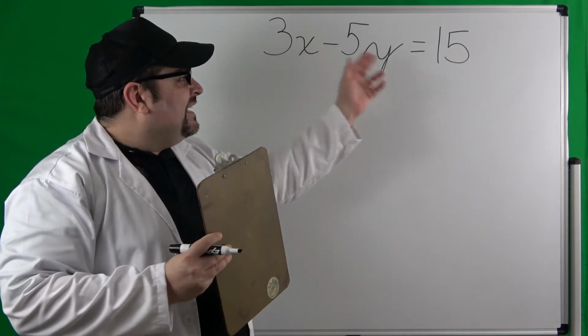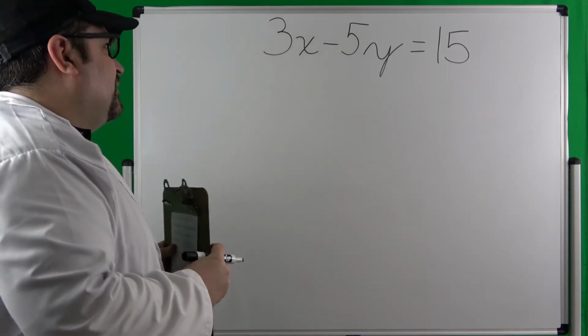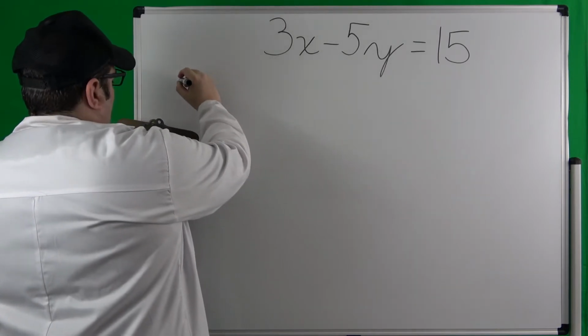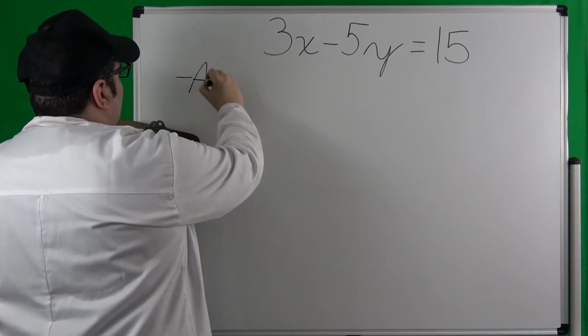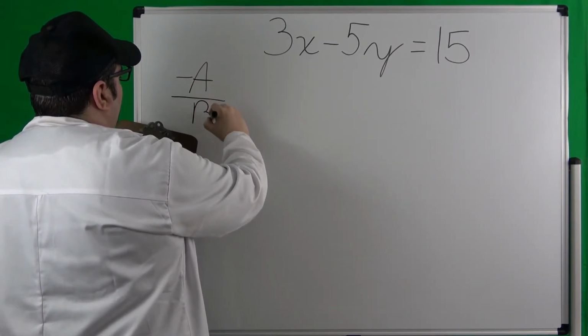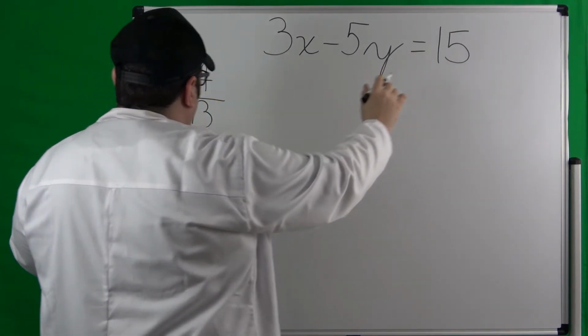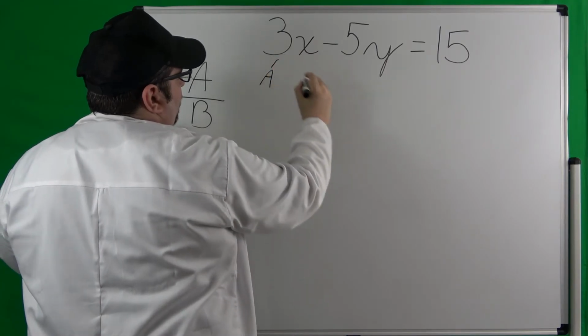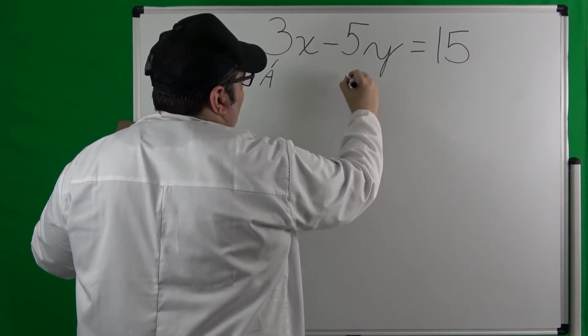But this is already in a nice format because slope is also the opposite of a over b, where when it's in this form, this is a and this is b.